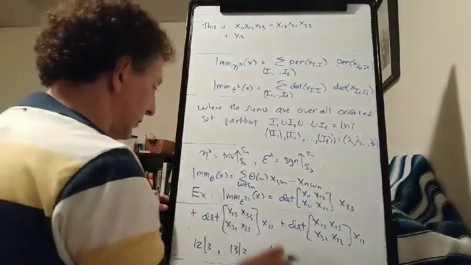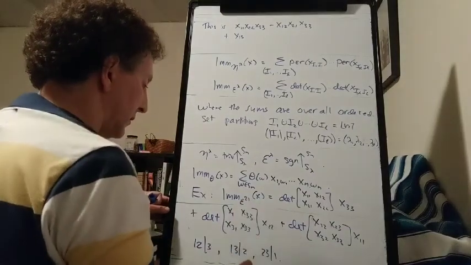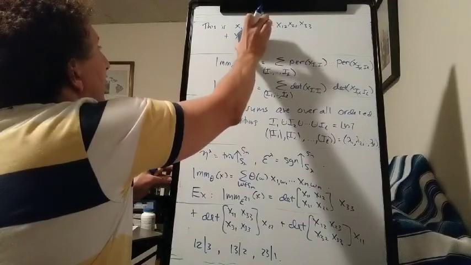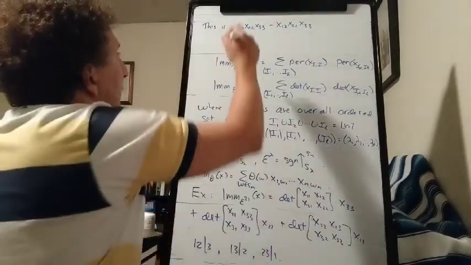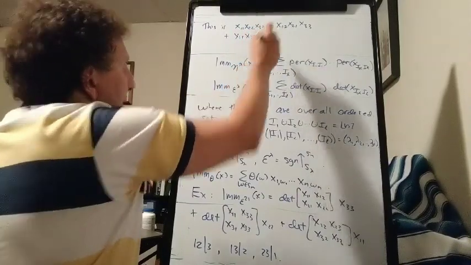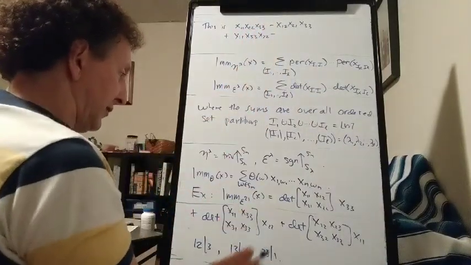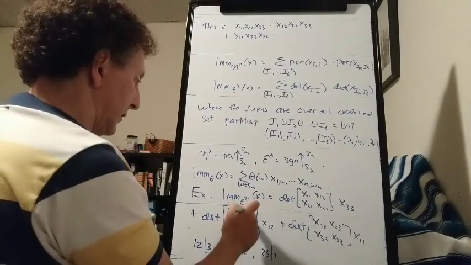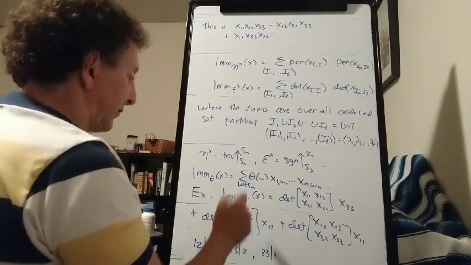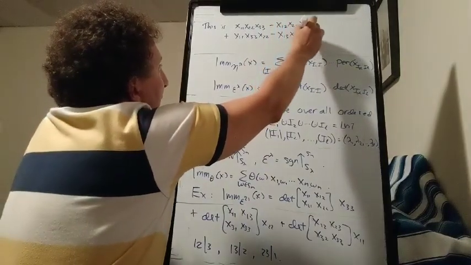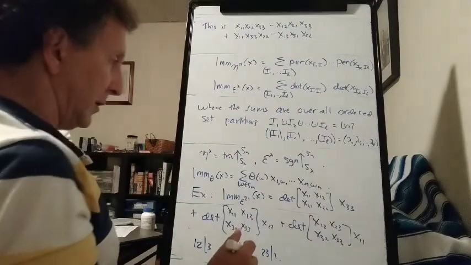This should be a 1,1: x1,1, x3,3, x2,2, minus, and this should be a 1,3: x1,3, x3,1, x2,2.